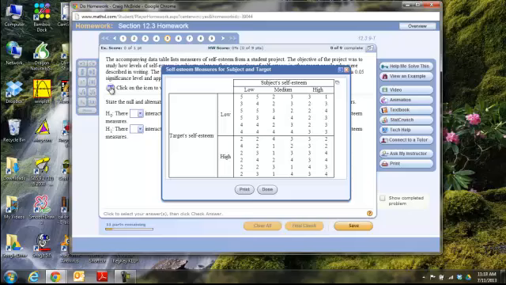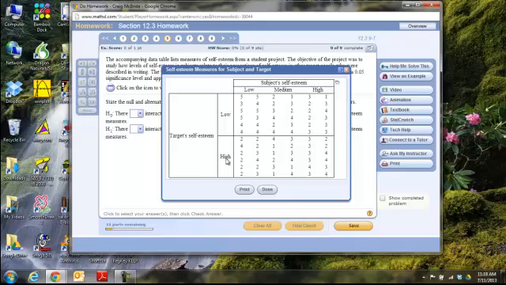You've got data that are classified two ways. Vertically, they're classified by the subject's self-esteem. So these columns represent a subject with low, medium, and high self-esteem. And then it's also broken down horizontally as the target self-esteem is low or high.